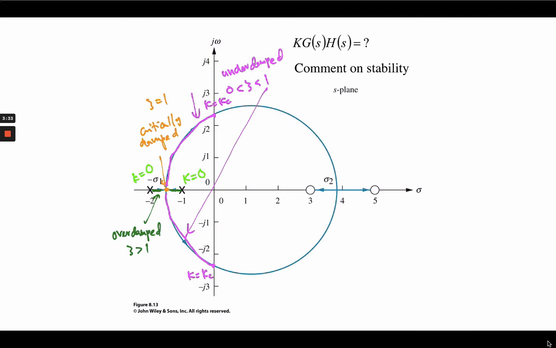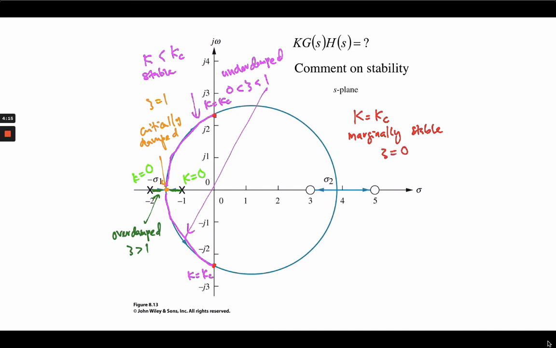When our k is less than kc, the system is stable because the poles lie on the left hand side of the S-plane. However, when k equals kc, the system at this location is what we call a marginally stable system, and our zeta value equals 0.